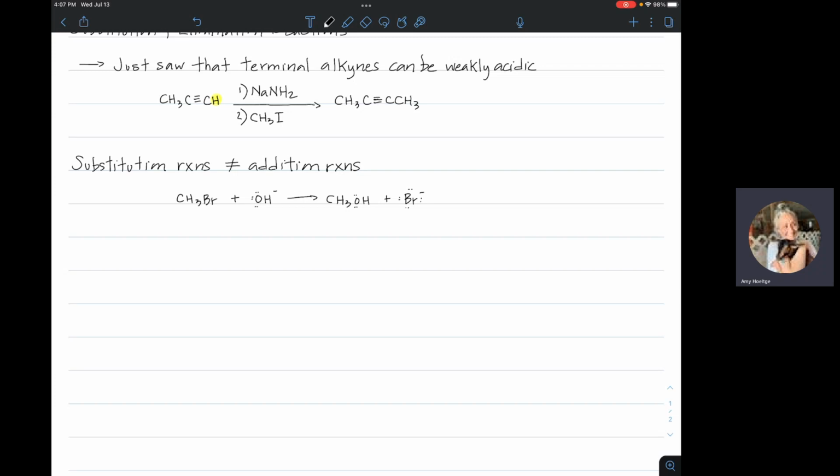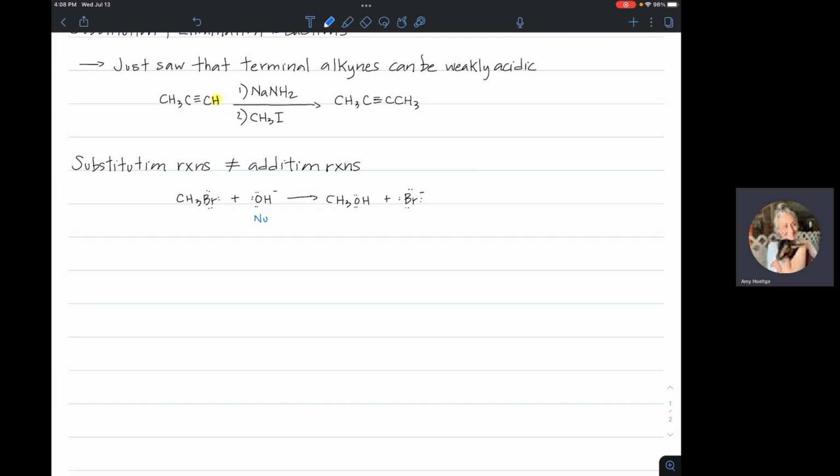We're not always going to draw all the dots in on everything unless they're necessary, but the hydroxide is going to be used as our nucleophile. That's our little symbol for a nucleophile.